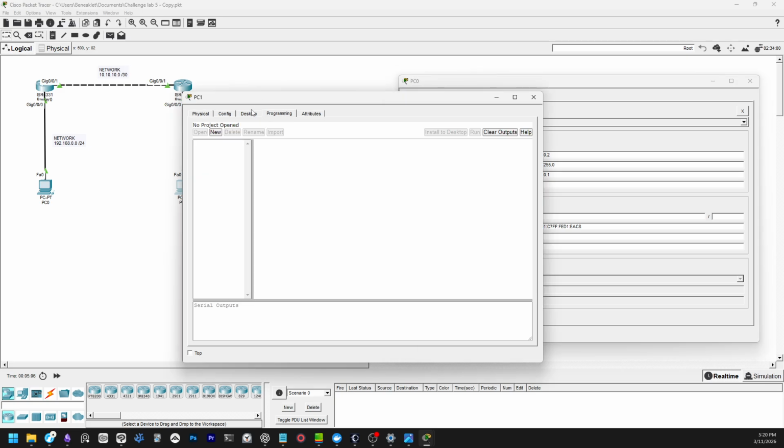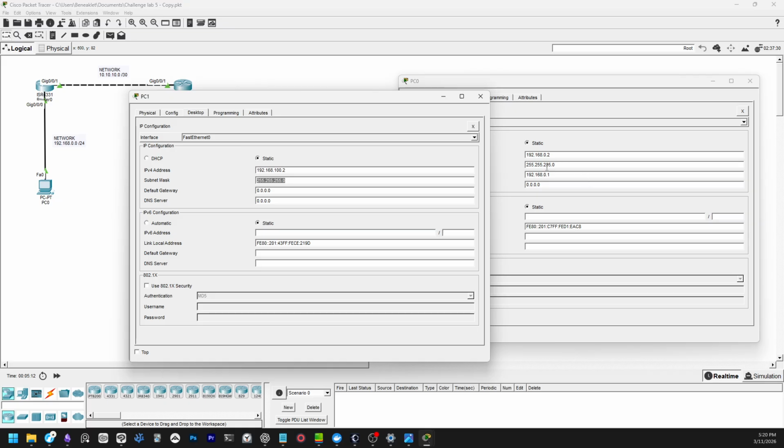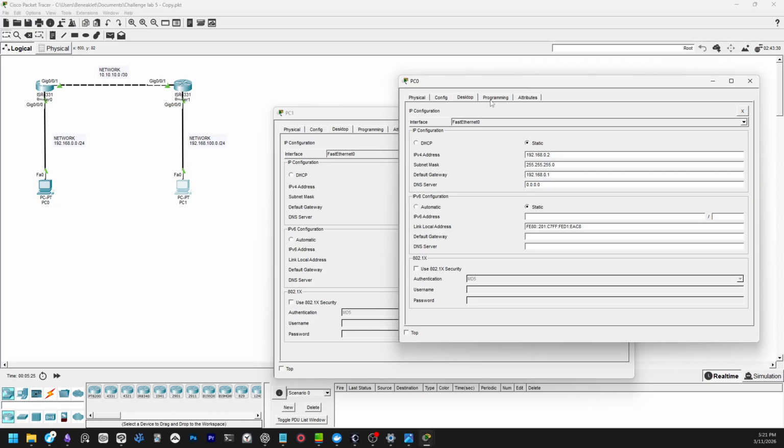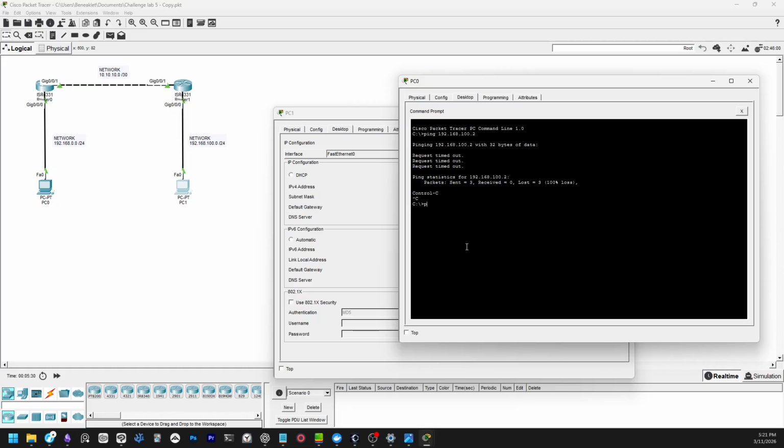This one, PC one, also got this two. Packet Tracer also does it automatically for you. Right off the bat, by this theory, we should be able to ping router zero, our gateway.